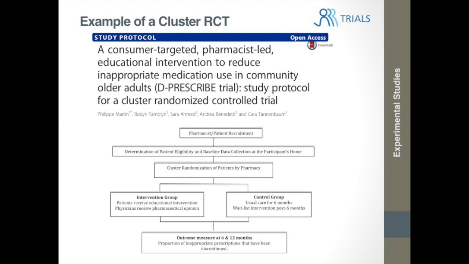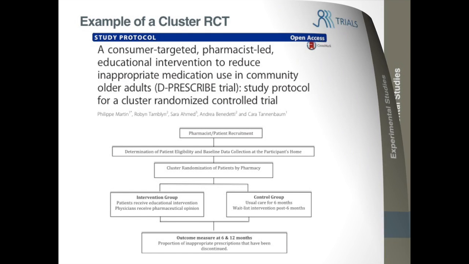A cluster design was chosen to prevent contamination across the intervention and the control arms by individual clients going to the same pharmacy. Then the cluster and unit of randomization were the community pharmacies.